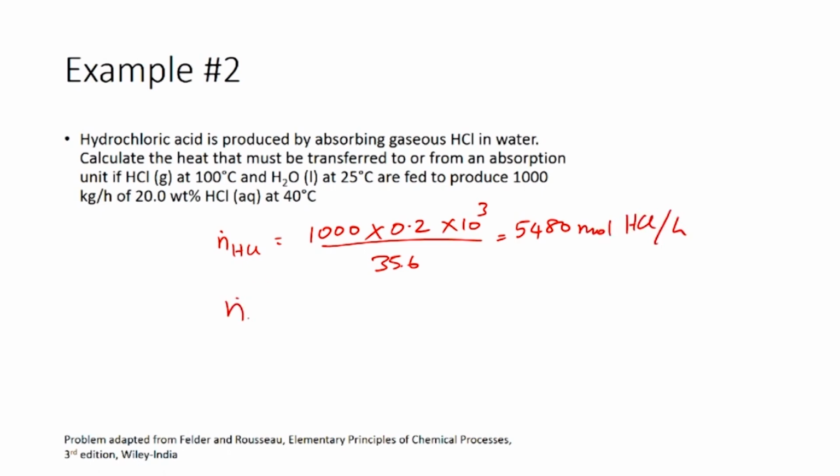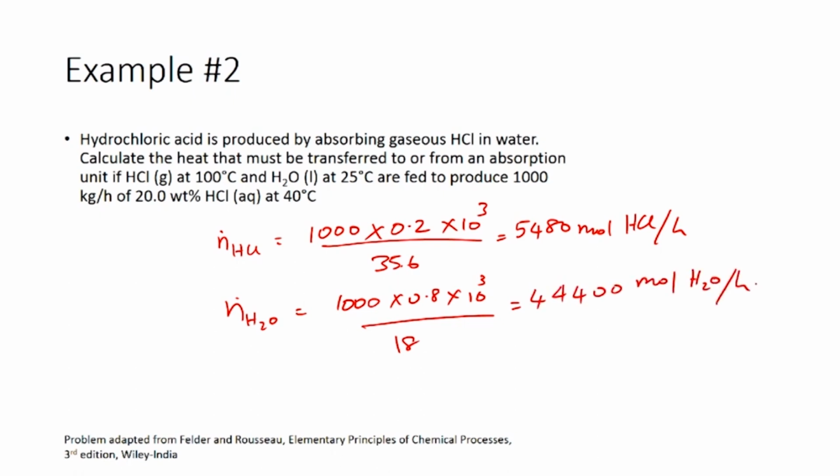We can also calculate the molar flow rate for water as 1000 times 0.8 times 10 power 3 divided by 18, giving us 44,400 moles of H2O per hour. So, what you have here is the mass of the solution times the mass fraction of the component times 10 power 3 to convert it into grams, divided by the molecular weight to finally get the number of moles of HCl or H2O present in the system.